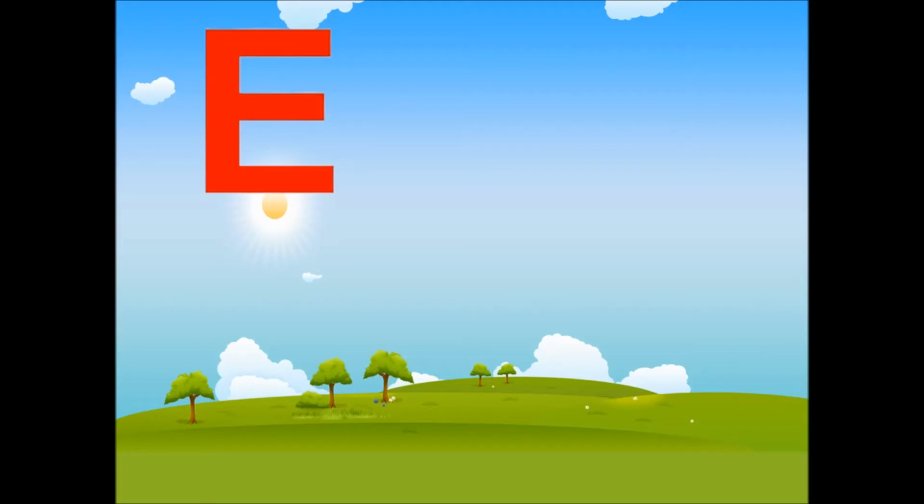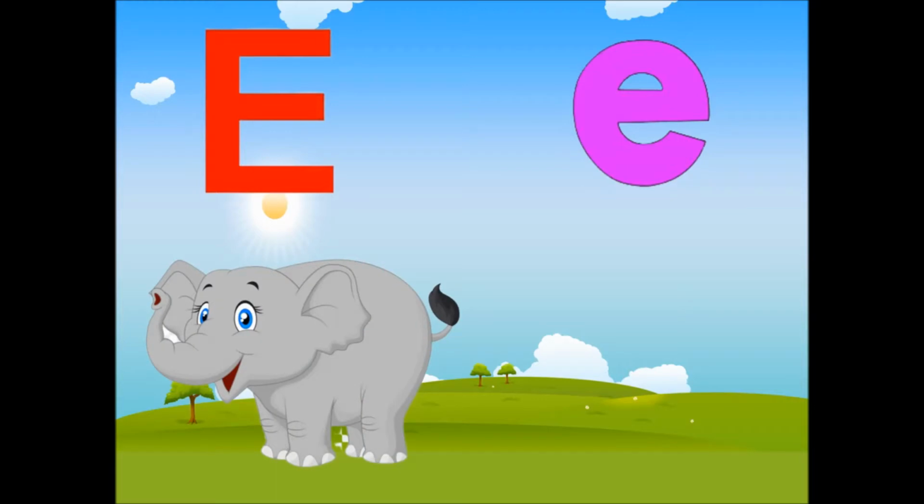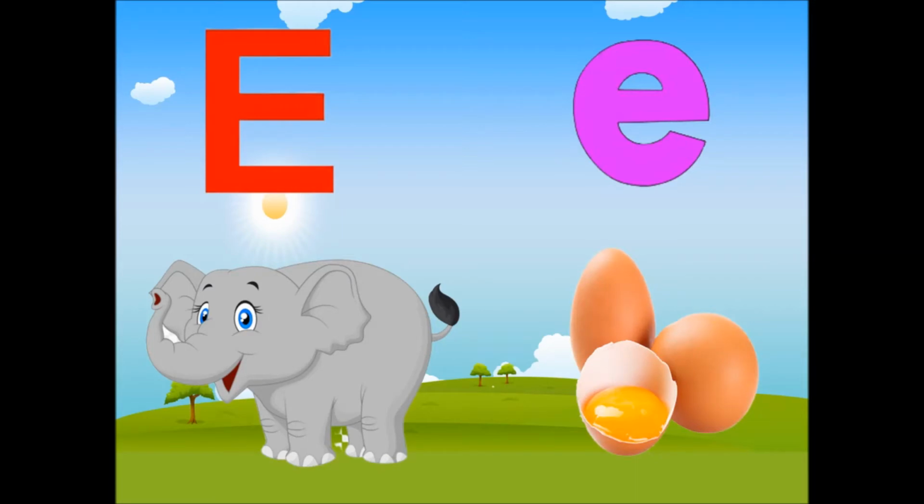This is the letter E. This is capital letter E. This is small letter E. E phonic sound is A. E for elephant. E for egg.